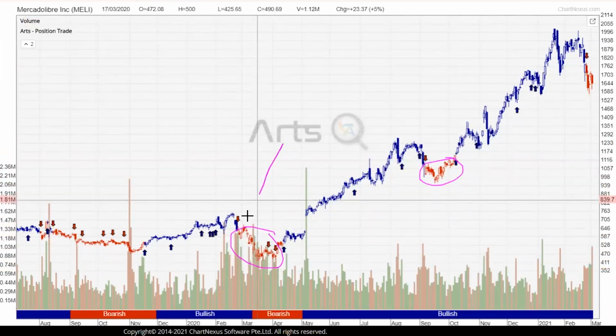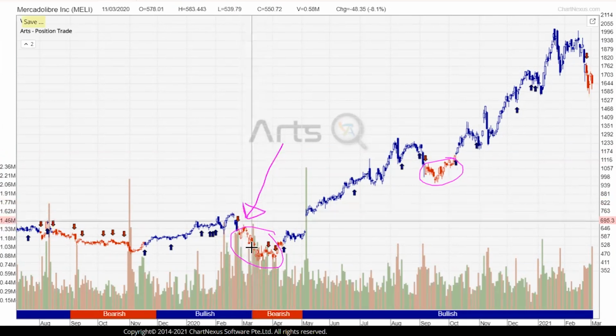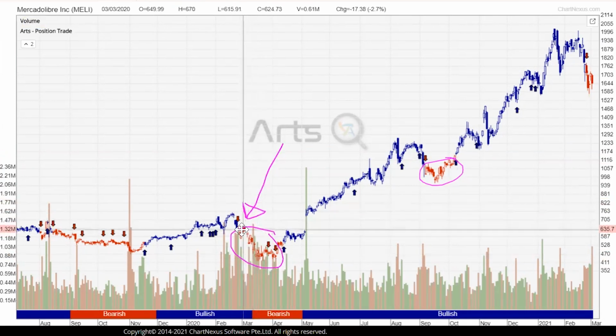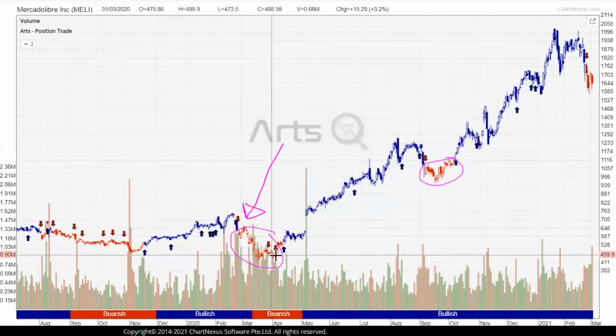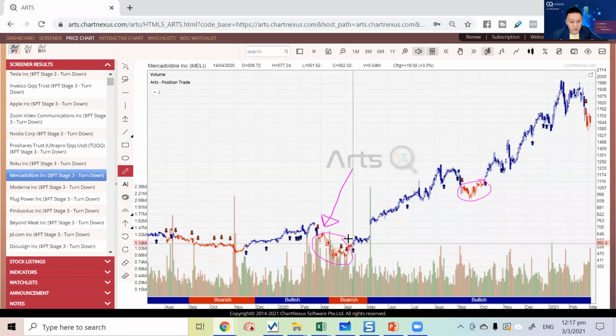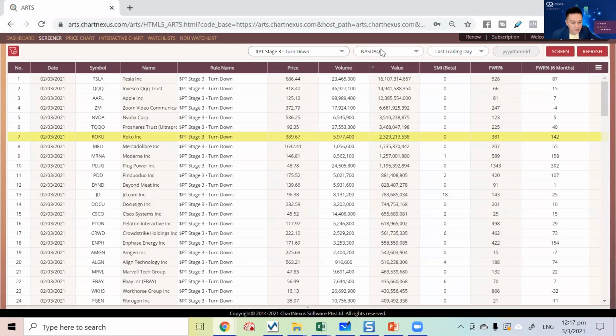You look at last year March, the stocks turned red, and then they rested from March to mid-April, then turned back to blue.